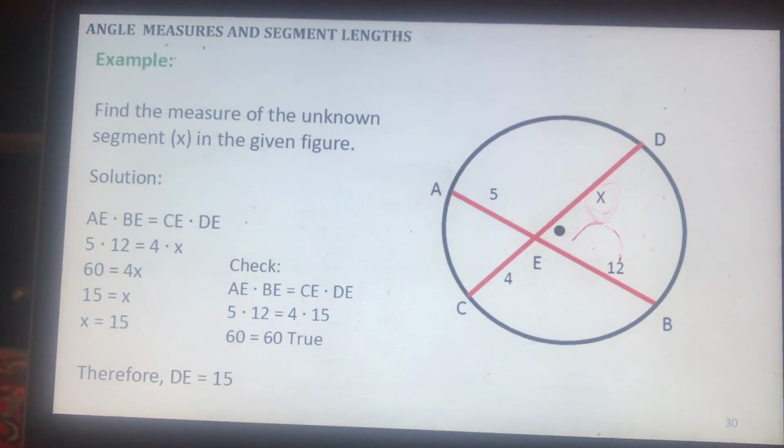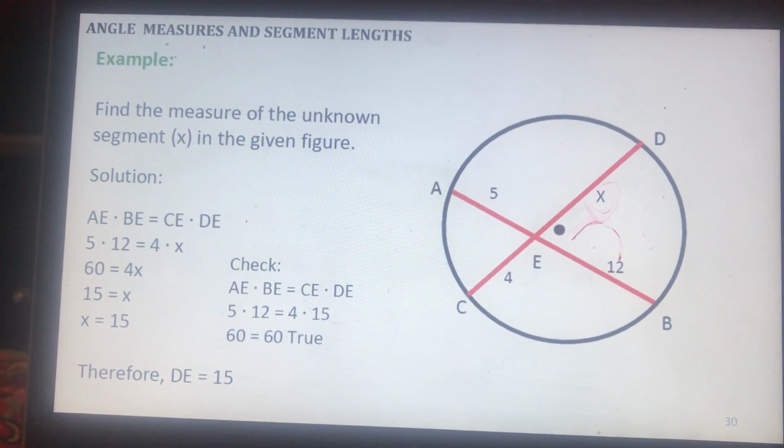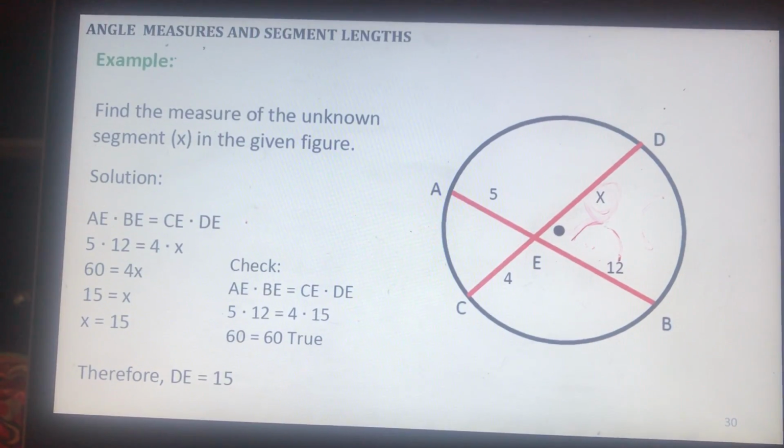So if 60 equals 4 times X, in order for us to find the value of X, because we don't want 4X, we want to know what the value of X is, we simply divide by 4 on both sides using our division property, and then our value for X is going to be equal to 15.